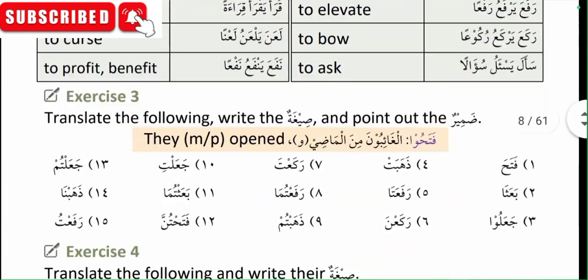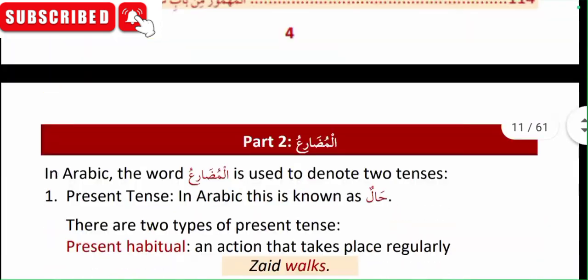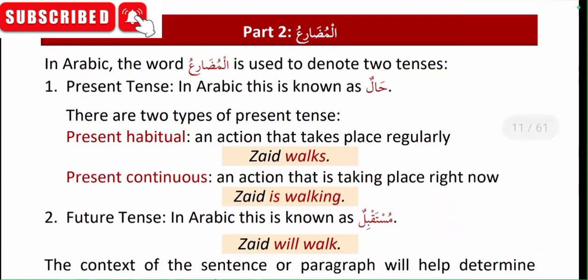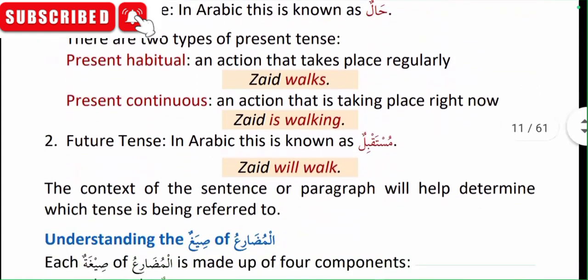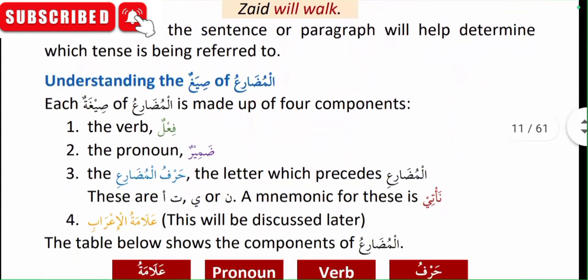These are several examples. Moved on to Fail al-Mudare. A Fail al-Mudare can be translated into three forms: present indefinite, present continuous, or future. For all these, we use the same word, which is called Fi'lul Mudare. Fi'lul Mudare is made up of four parts.